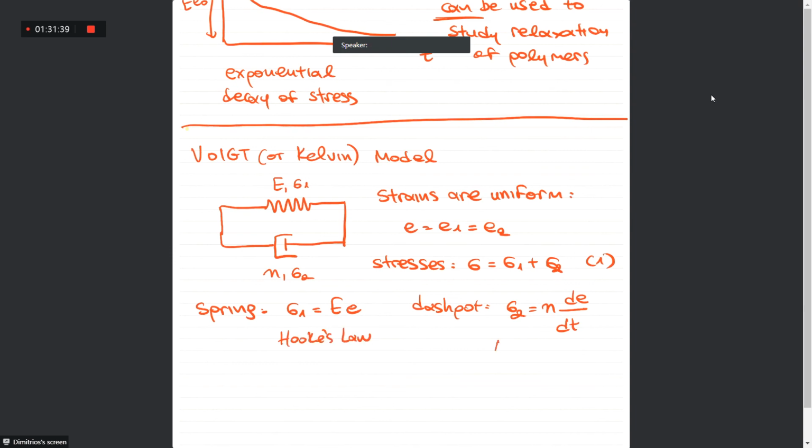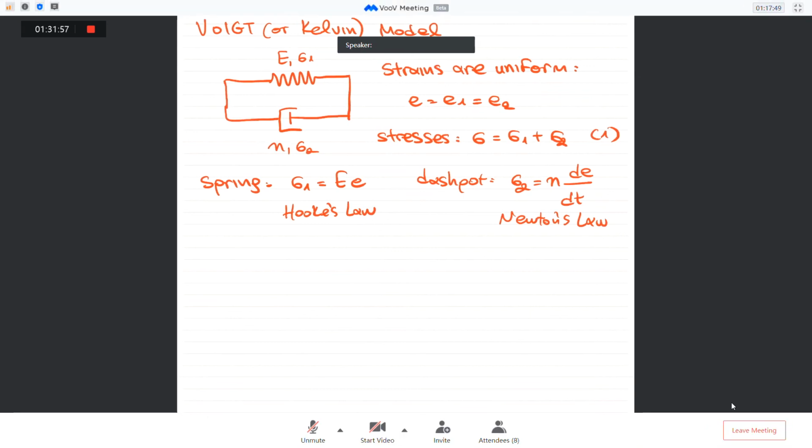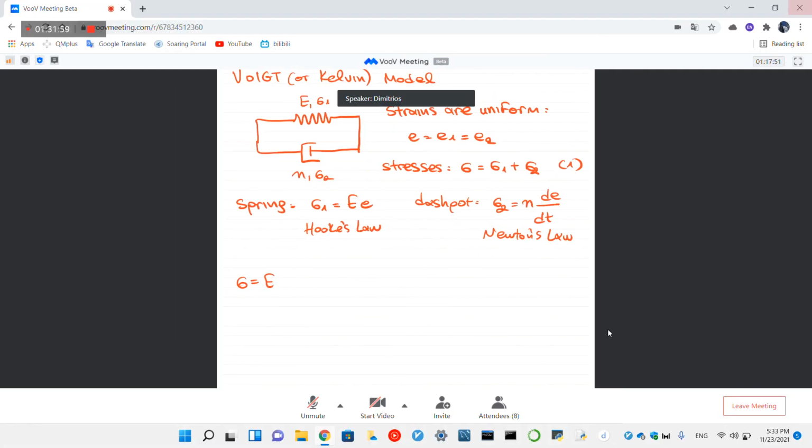Again, similar to what we did previously for the Maxwell model, we go to equation 1 and essentially substitute sigma 1 and sigma 2. Sigma equals E epsilon plus eta d epsilon over dt. We solve for d epsilon over dt equals sigma over eta minus E epsilon over eta.